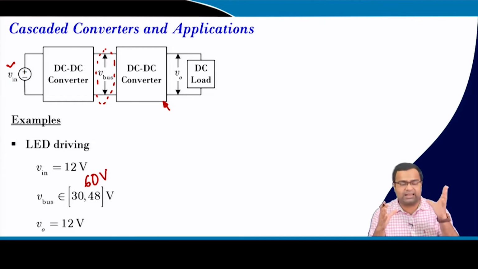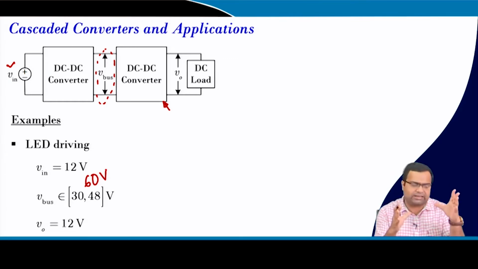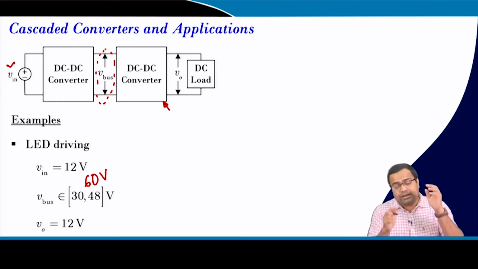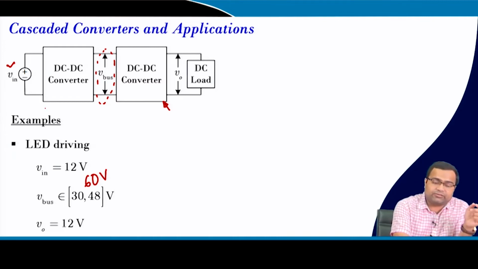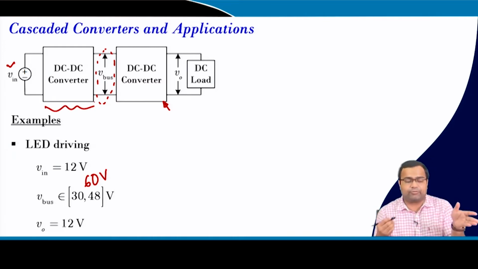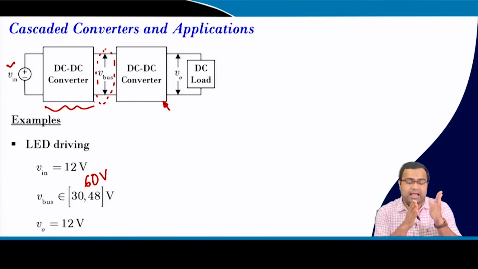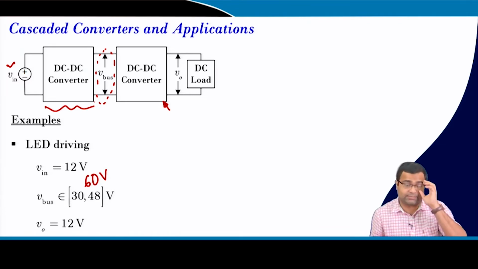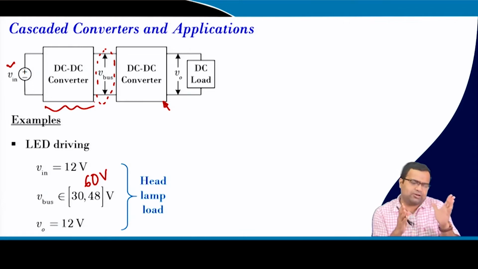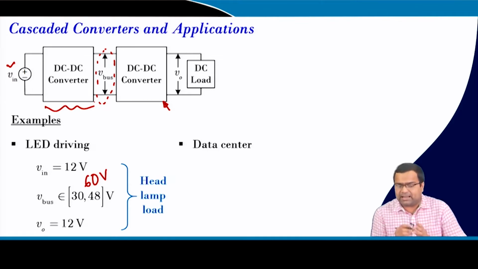And the output for the LED can be roughly around 12 volt, it can be 14 volt. That means you need the first stage converter to boost up the voltage from 12 to 30 or 48, even 60 volt, and the second stage DC-DC converter has to convert that voltage into 12 volt. Okay, so it is a step down converter, and this kind of architecture is used for headlight application for automotive LED.